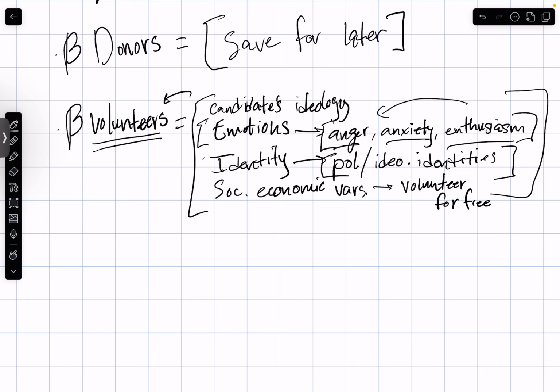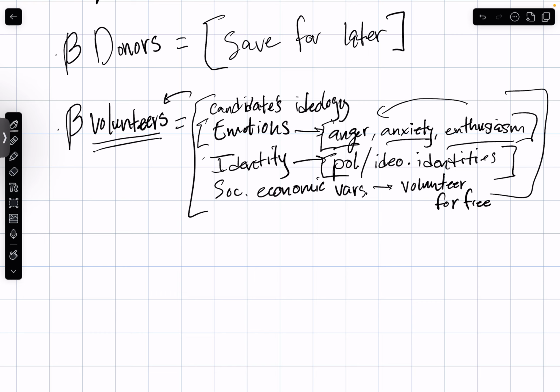Some of their incomes are entirely just from the campaign, and the campaigns are usually not paying them that much, depending on which campaign you're working for, of course. So a lot of these other things are pushing them beyond their time motivation, or I should say, they're outweighing their time and money concerns.